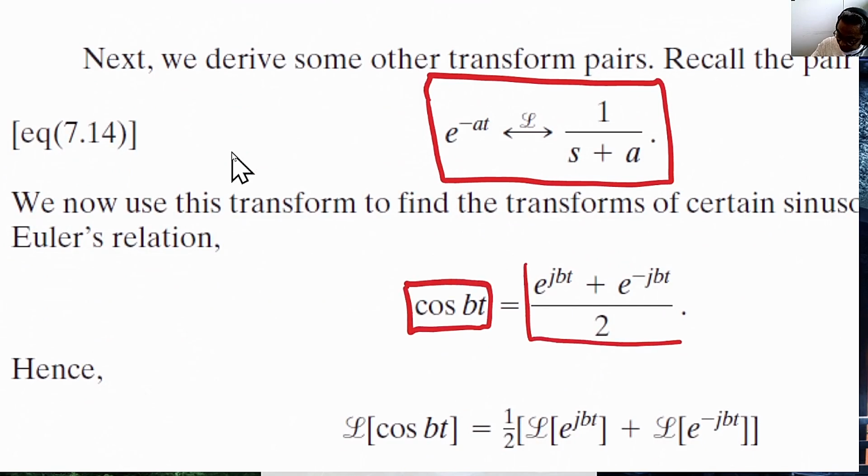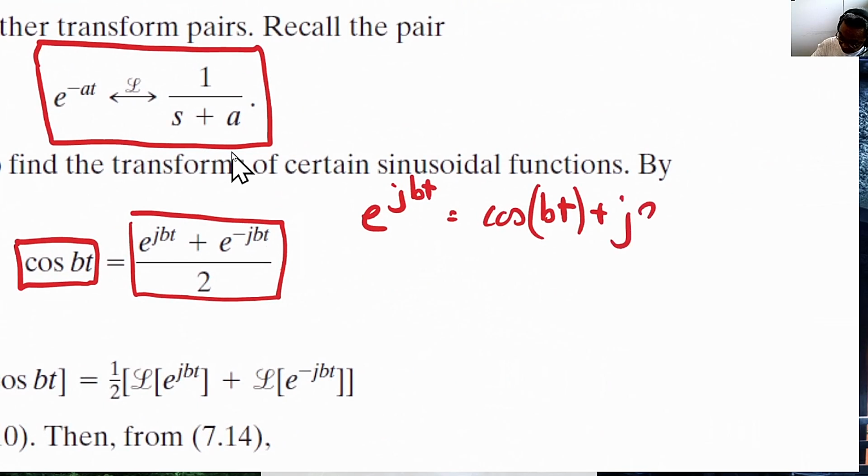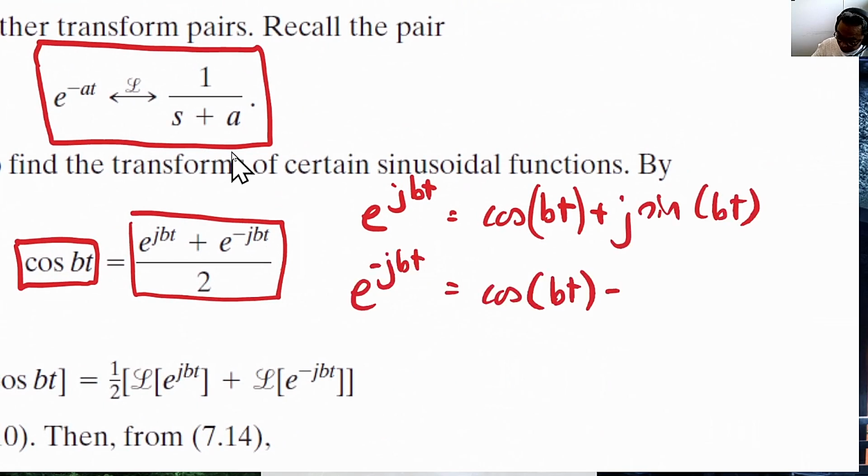First, we express cosine bt as sum of complex exponential. This is from e to the jbt equals cosine bt plus j sine bt, as well as e to the minus jbt equals cosine bt minus j sine bt.